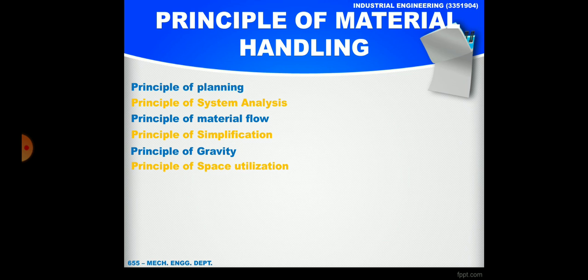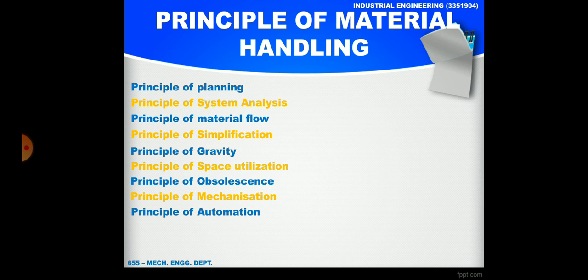Principle of space utilization. With proper material handling, we can better utilize the space of any industry. Principle of obsolescence. Removing unnecessary processes of materials. Principle of mechanization. Use of mechanization for material handling. Principle of automation.